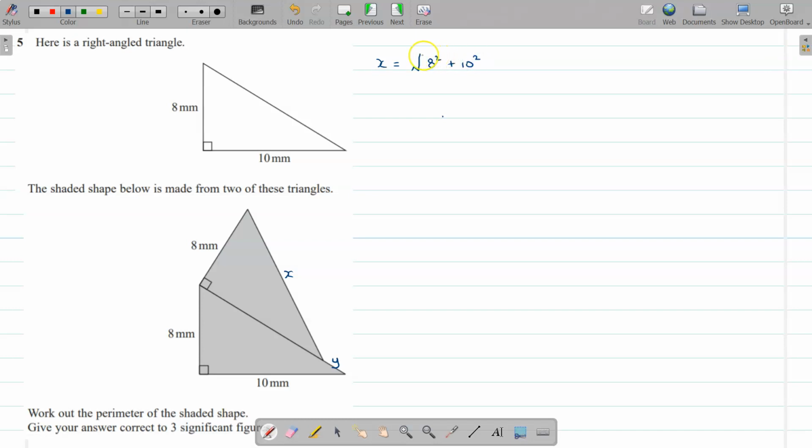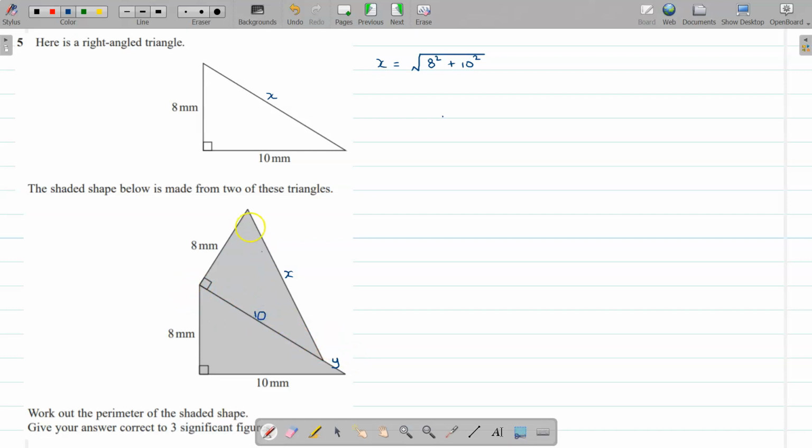Okay, so that's the length that I've called x, the hypotenuse of the triangle. So that there is basically that length here. Okay, and to get y, that's actually taking off this part here, you see, is 10.